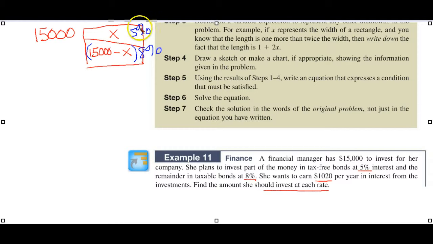So you start to set up the equation. 5% of this portion of it plus 8% of the other portion will earn you this much money.